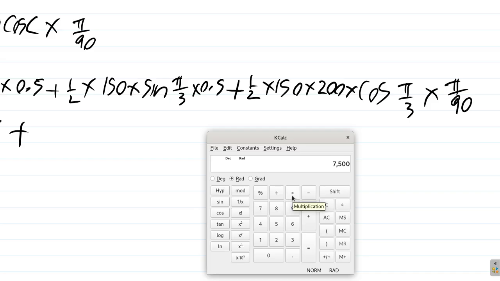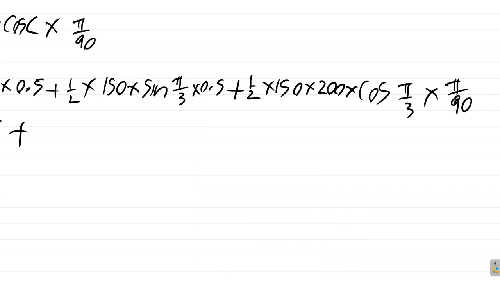And then finally times pi over 90 equals. So now here we have 261.8. Alright, so this adds to 261.8.